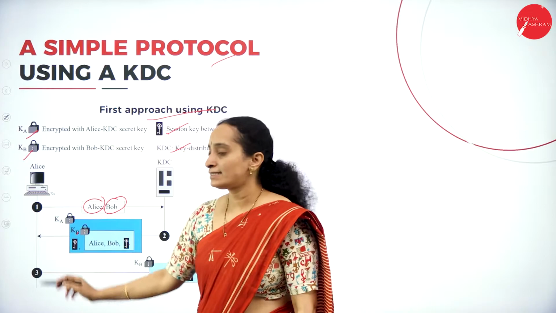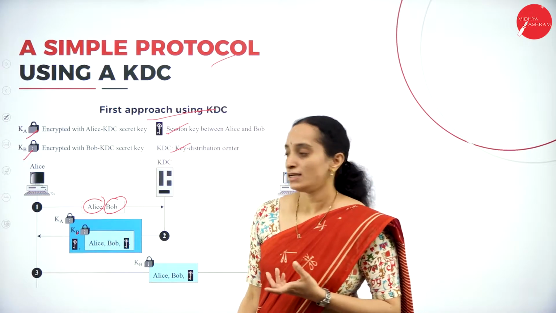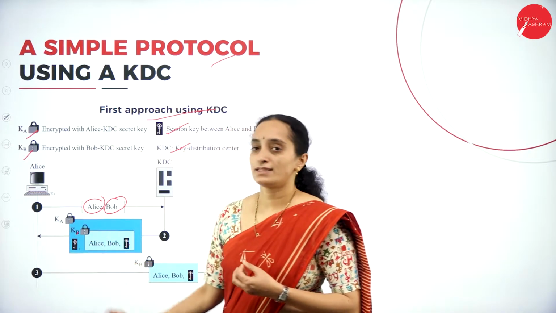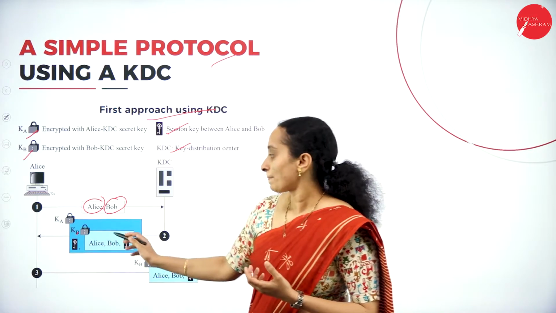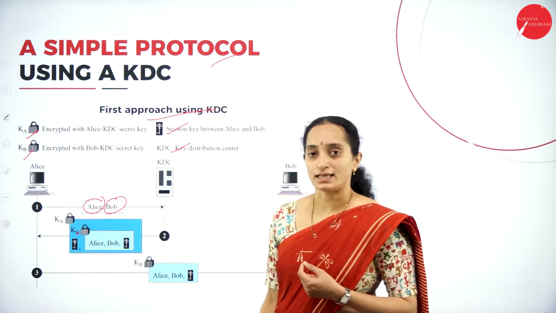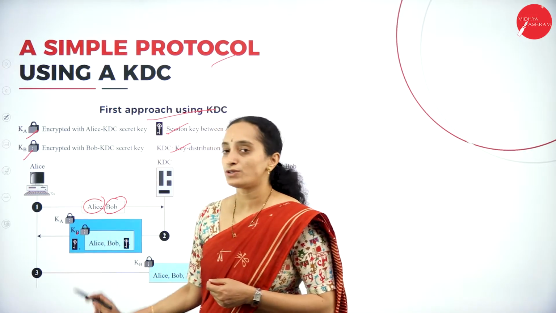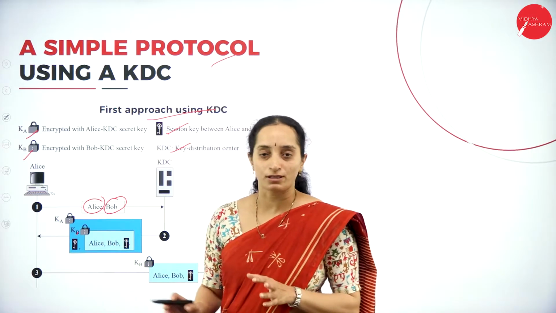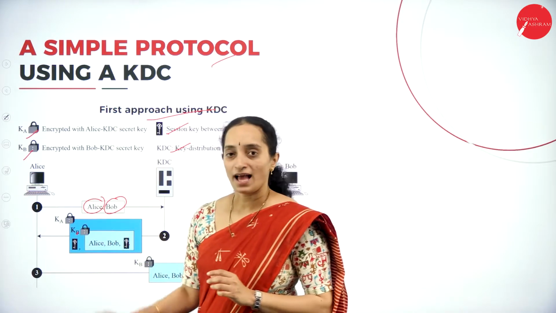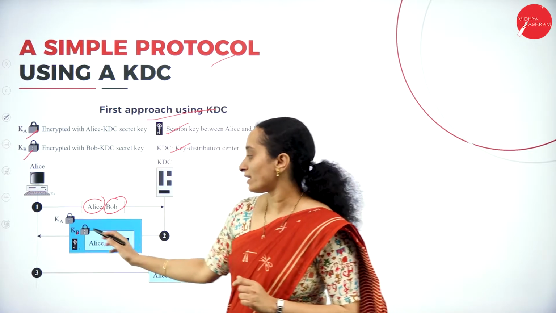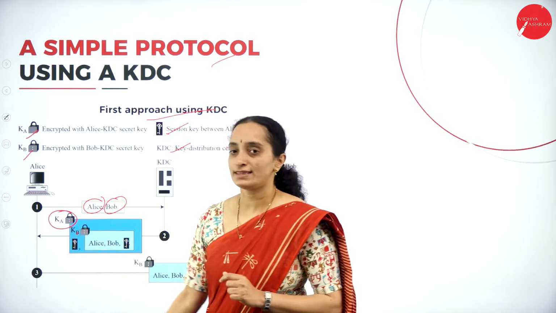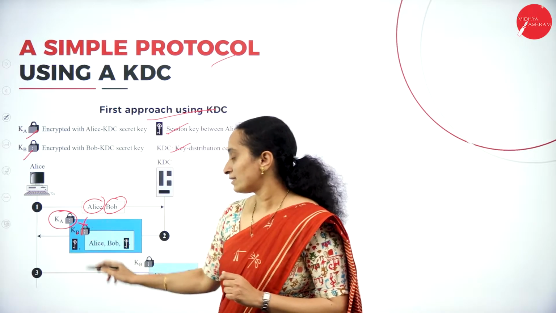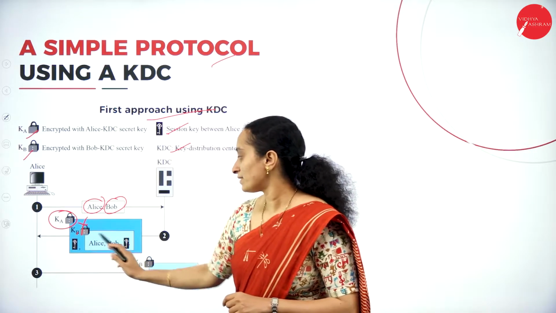Now, Alice receives this message. She reads the secret session key and the secret key. But she will not be able to read the secret key of Bob because it is meant only for Bob, not for Alice. So, she can read only this key but not this key using the session key.